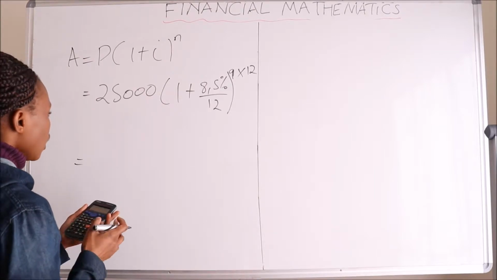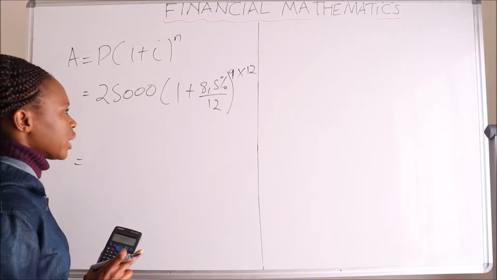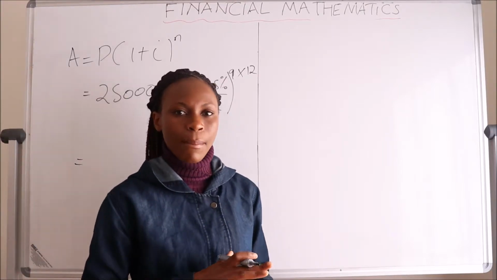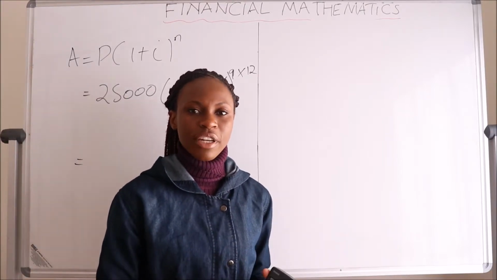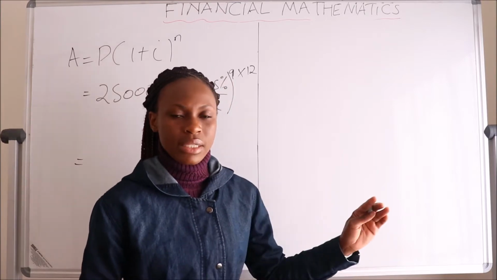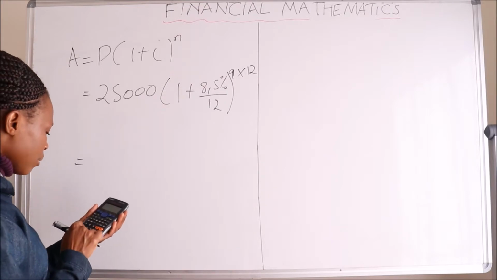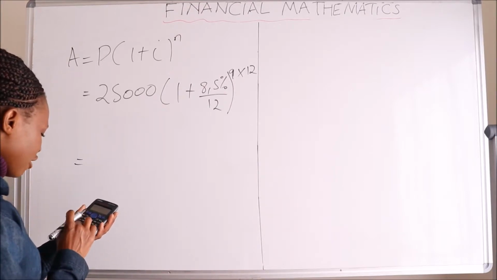So we just have to punch this. This was an easy one. The only tricky thing is that we have to understand that the 25,000 now becomes the principal amount that she will be investing on her 21st birthday, so that she will withdraw it on her 30th birthday. So that will be 1 plus 8.5%.